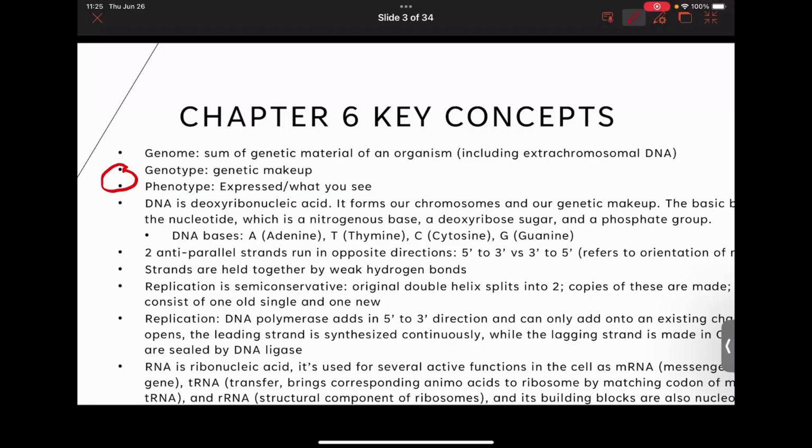Just think of it that way. But your genotype is literally your genes. So you might have a gene for blonde hair from your mom and brown hair from your dad, but you have brown hair. So your phenotype is having brown hair, but your genotype would be one blonde gene and one brown gene. Okay, so that's the difference.